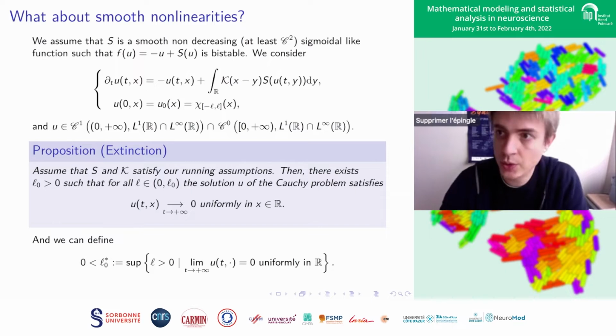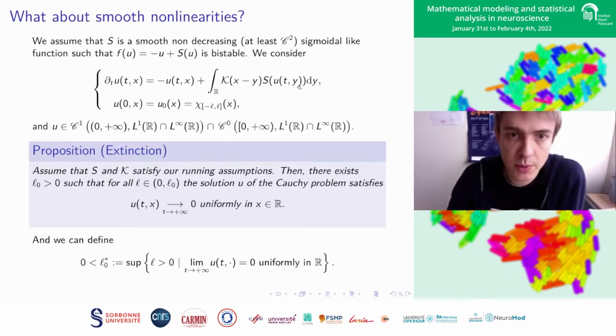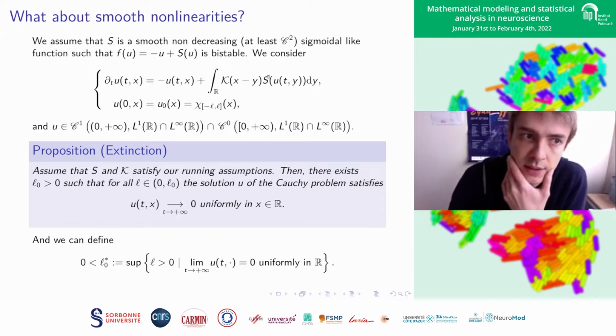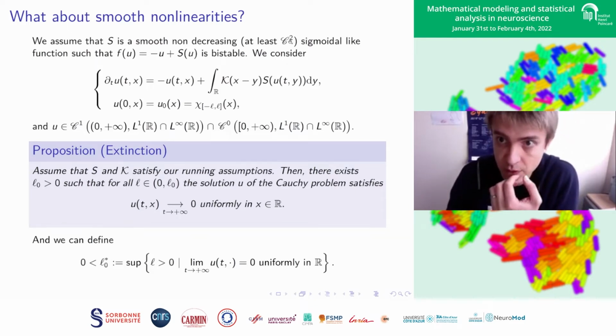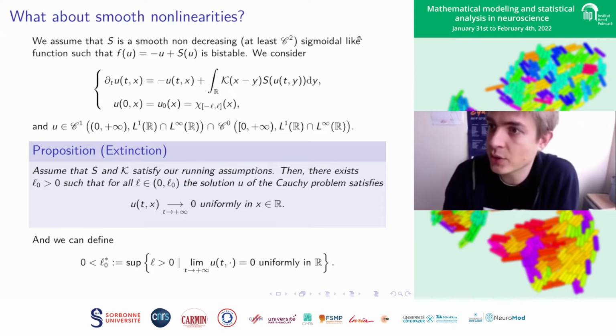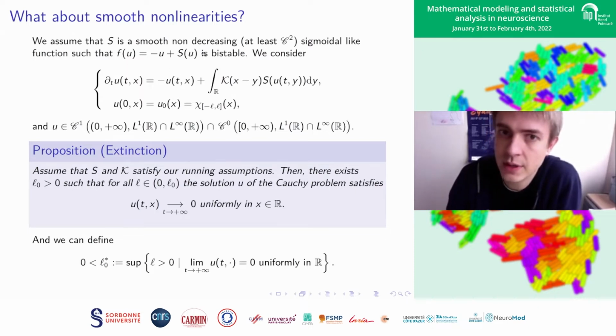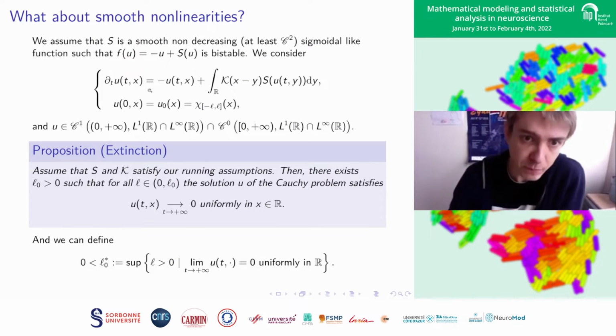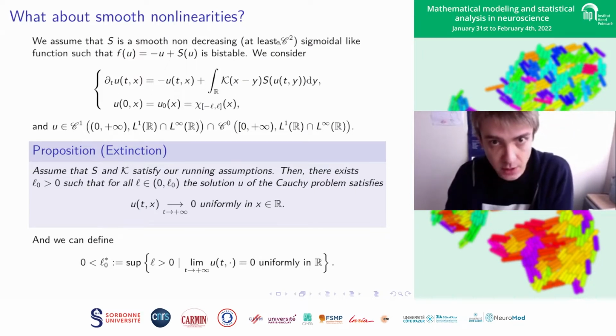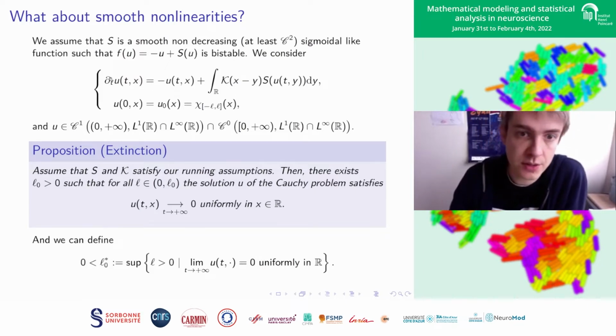So coming back to the neural field equation, but this time I'm not assuming that the nonlinearity S is the Heaviside step function, but it's any smooth non-decreasing function, sigmoidal-like, such that f of u is bistable under the terminology that I've given before. So by smoothness here, in some parts of the proof, at least C2. Well, this is the assumption that I'm making here.